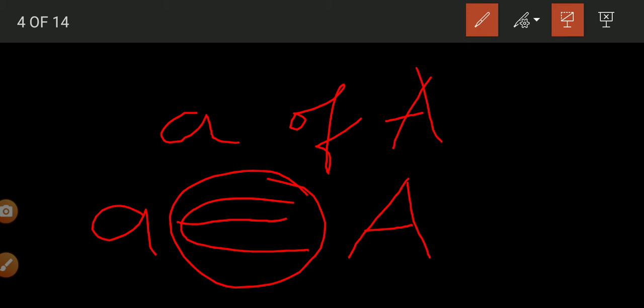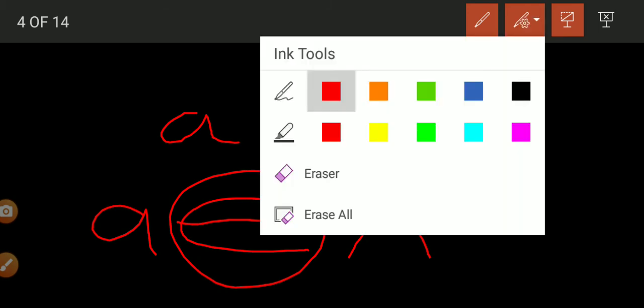If a is an element of a set A, we say that a belongs to A. This symbol denotes belongs to. It represents the set.